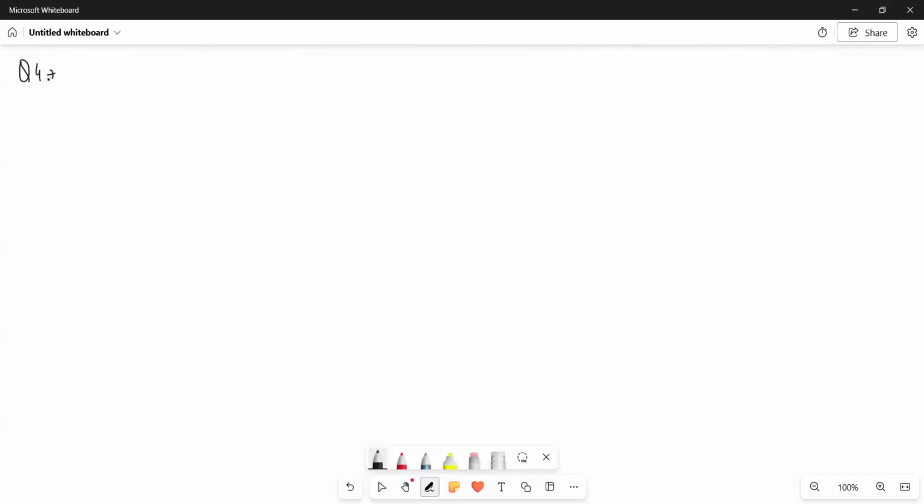Okay, next question. If mod of z minus 5 is less than equal to 6 and mod of omega z plus 1 plus omega square is equal to alpha, where omega is a cube root of unity, find the range of values of alpha.